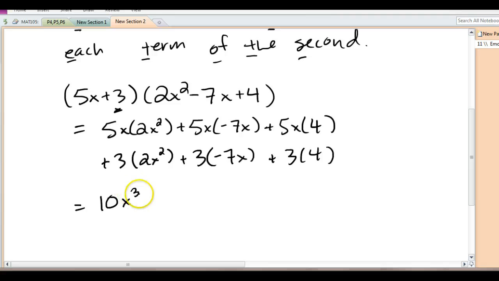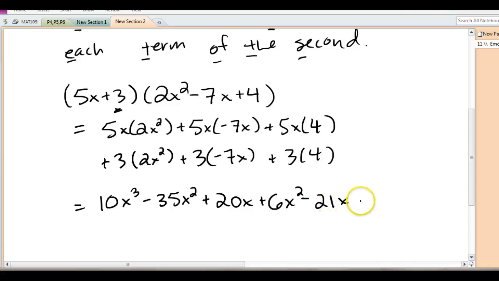So we have 10x to the third minus 35x squared plus 20x plus 6x squared minus 21x plus 12. Okay, so there's a couple like terms floating around. We've got the 35x squared and the 6x squared, and I'm going to double underline the other ones, so 20x and minus 21x.